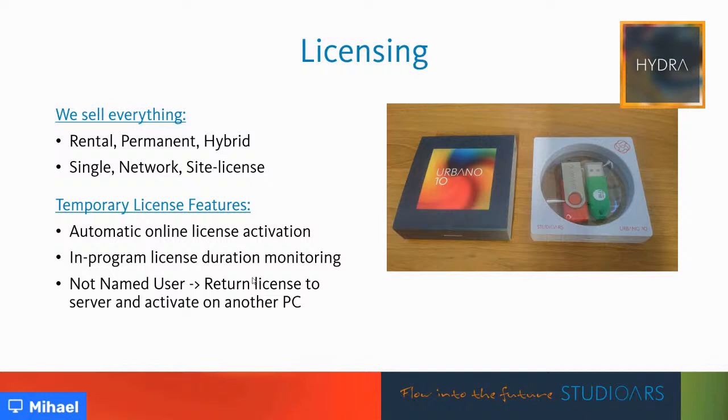So you do it by yourself. There are no intermediaries in this case, and it's also possible that one person is returning the license from the desktop and activating it on a laptop, for example, or one person is deactivating because they finished the project and don't need the software anymore, and another person is activating the license because they have a new project coming up.